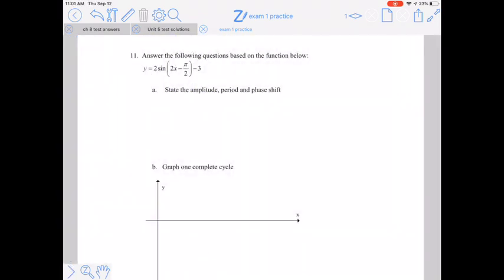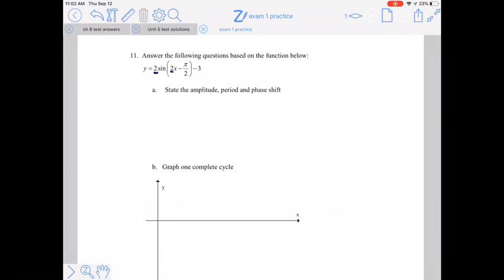For the sake of time, question 11 is from section 2.7, graphing a trigonometric function that involves vertical and horizontal translation. And the horizontal translation is referred to as a phase shift. So for part A, amplitude would be the value of A there.